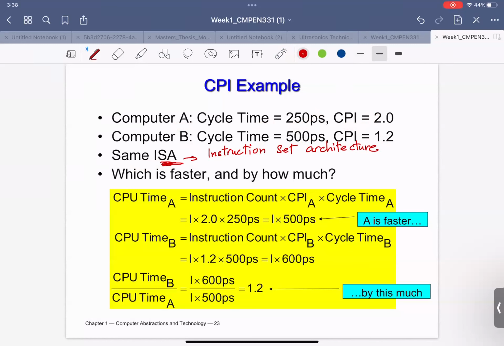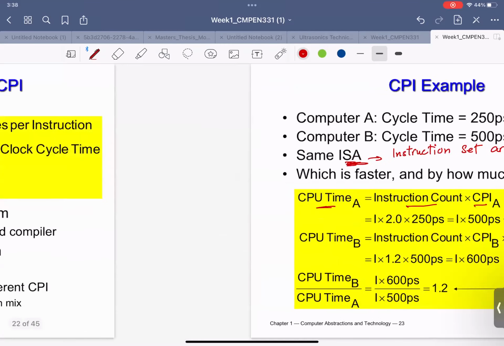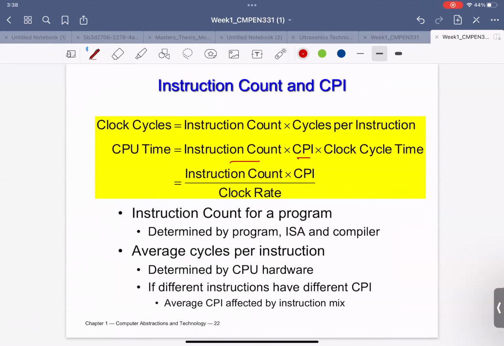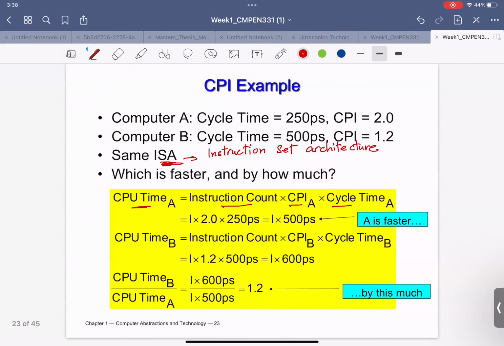Okay, we'll just apply the formula that we had from the previous slides. CPU time is equal to instruction count multiplied by the CPI multiplied by the clock cycle time. This is what we have. And since we have A, this would be for A. How much is the instruction count?